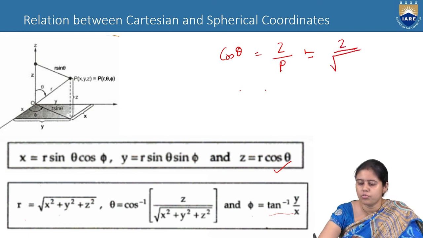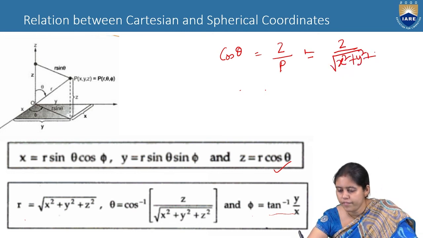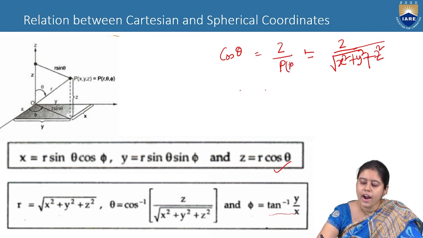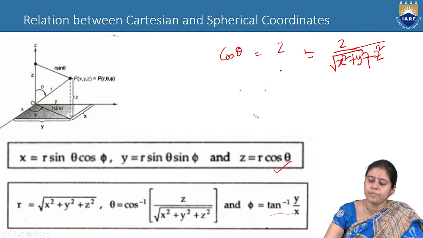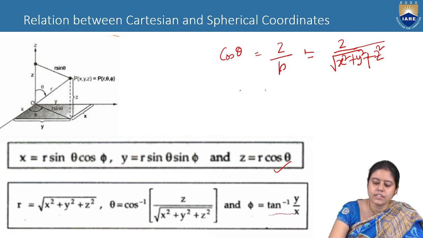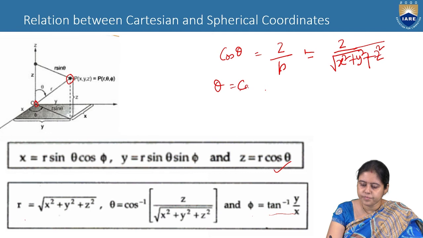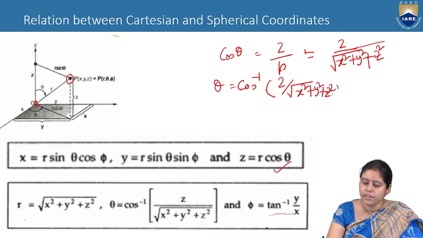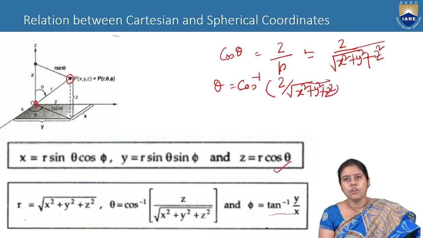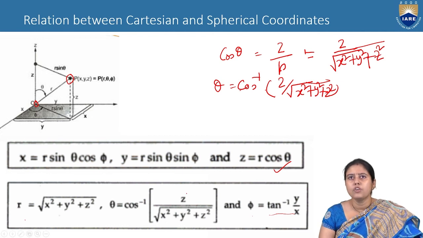So, cos theta is z by r, the distance of P from origin, and theta is equal to cos inverse z by root of x square plus y square plus z square. So this is the relation we got between the two.